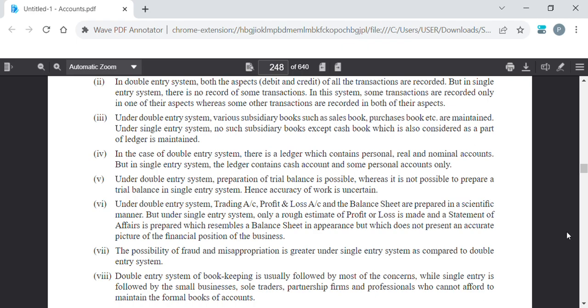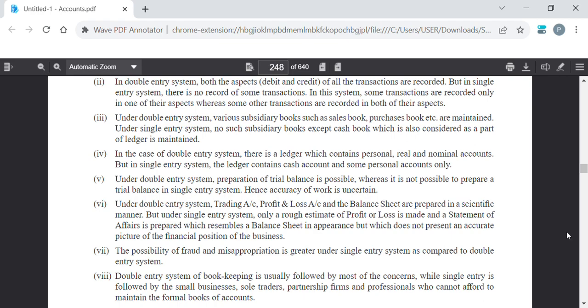So, under double entry system, you prepare trading account, P&L account and balance sheet in a scientific manner. You follow all rules and regulations, then you prepare.